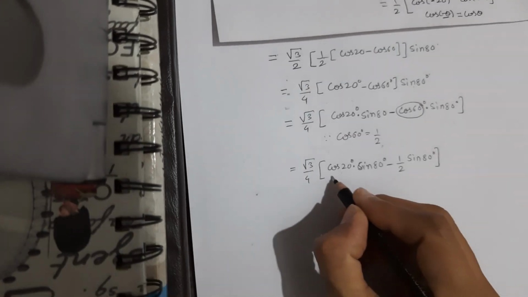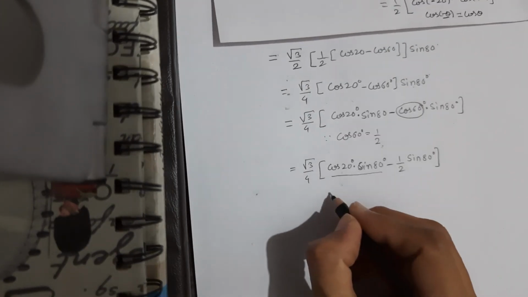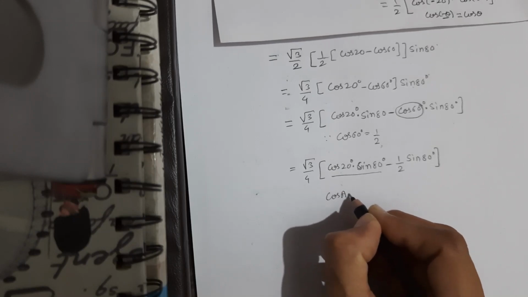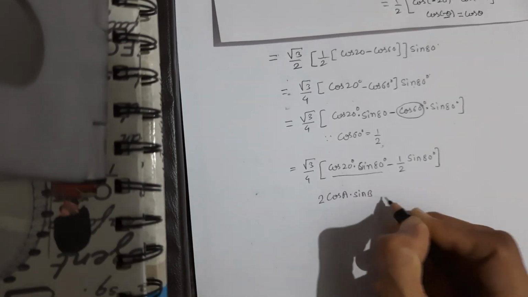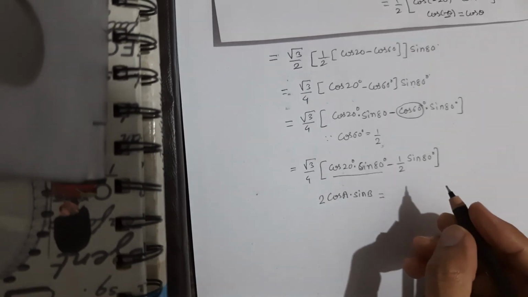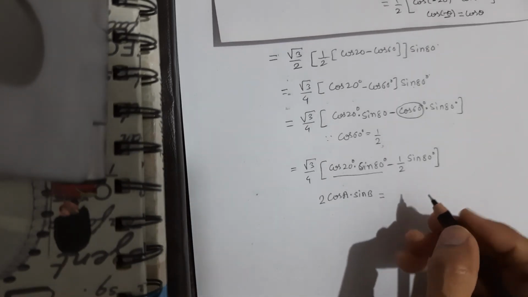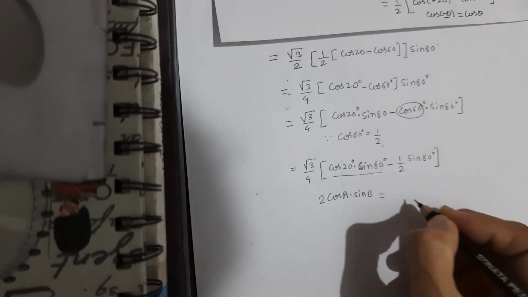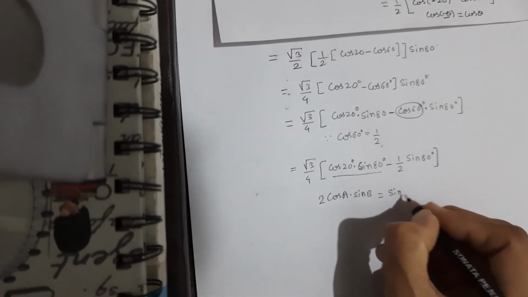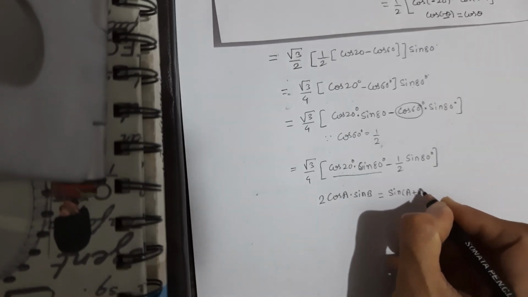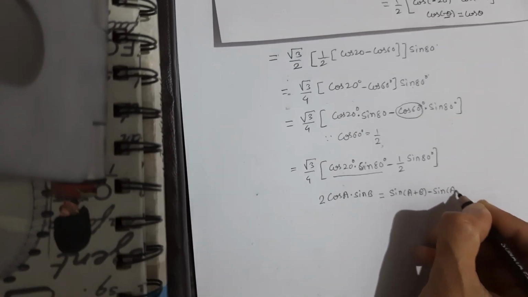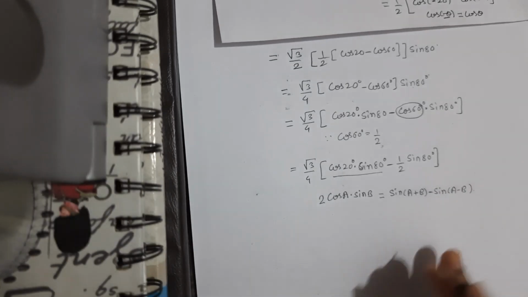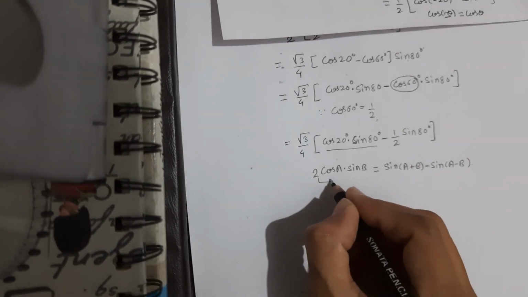Now again I can use here cos A into sin B. So 2 cos A into sin B is nothing but sin A plus B minus sin A minus B. So just take this 2 to this side.